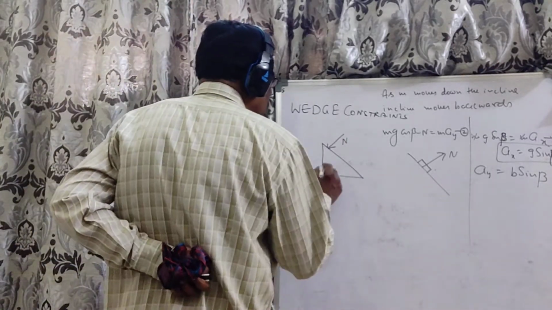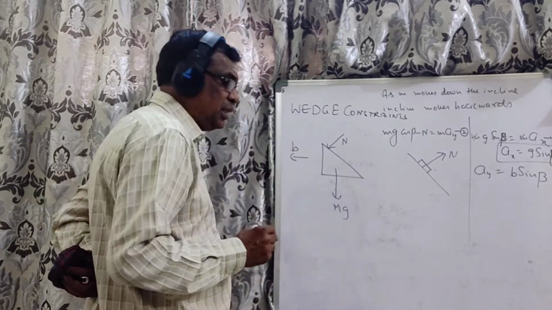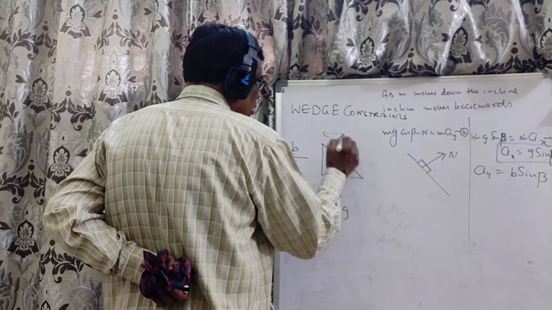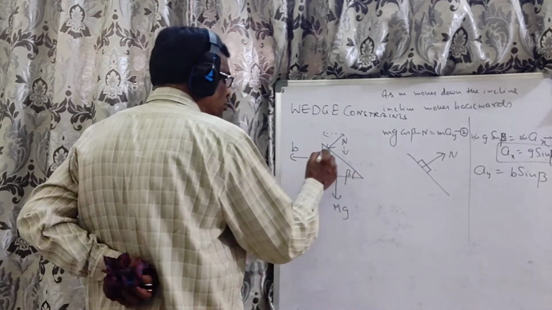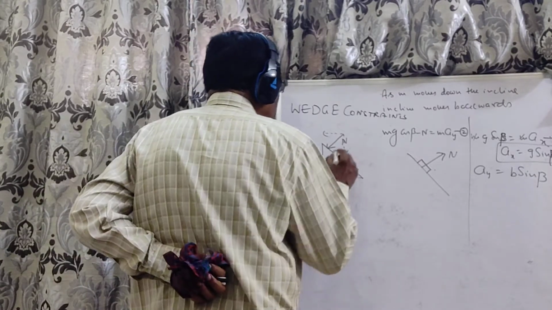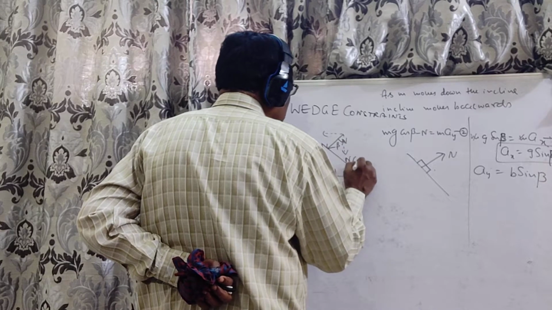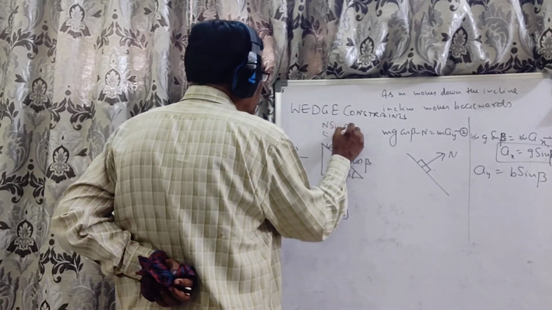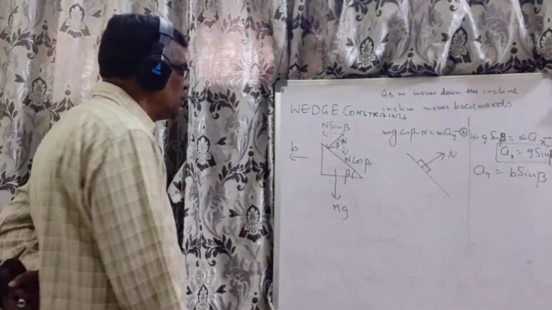So you have it. This is capital Mg. And now if I resolve this, this is beta, so this angle will be beta. So this is N cos beta. You verify whether it is beta or not. It is very simple for you to get it.